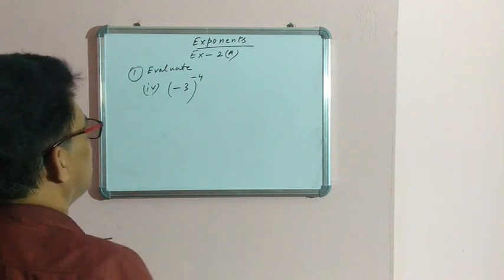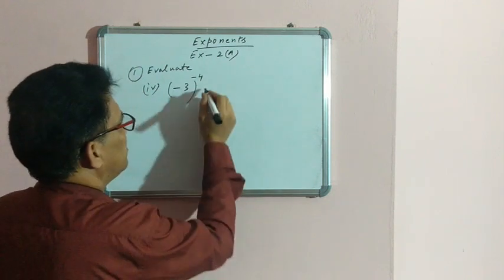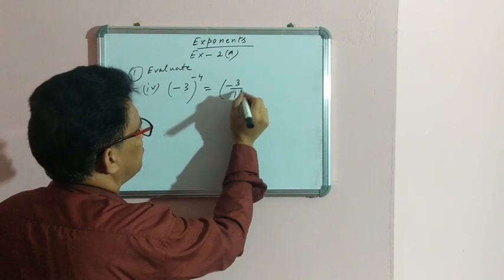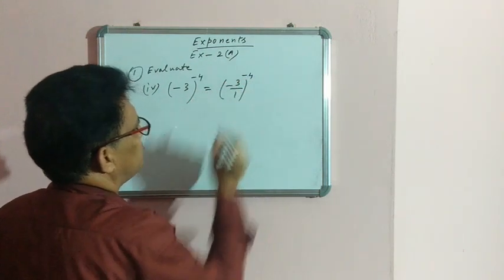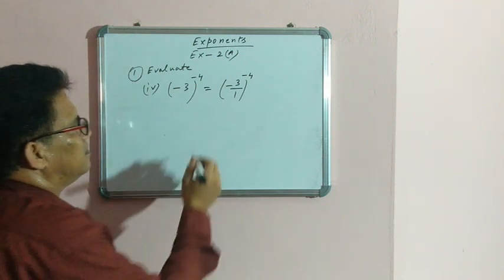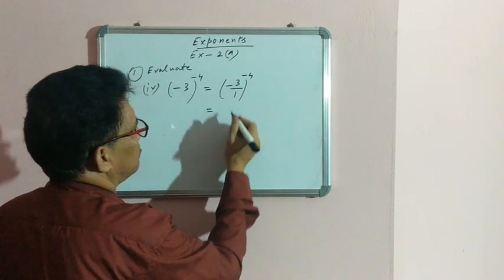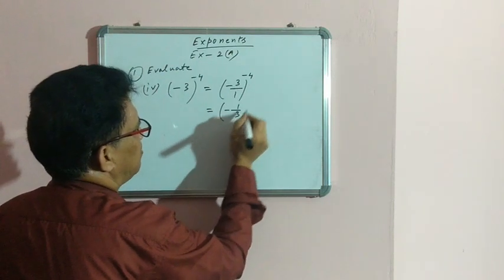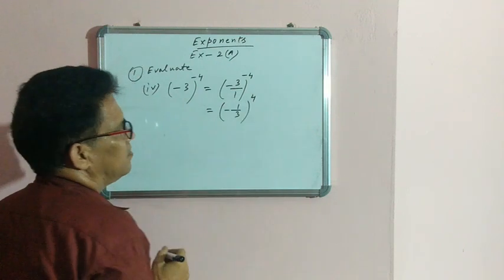Again, as we have done in the first part, here we can write it as minus 3 upon 1 power minus 4. Then we will take the reciprocal of minus 3 by 1, that is minus 1 by 3, so minus 1 by 3 power 4 is there.